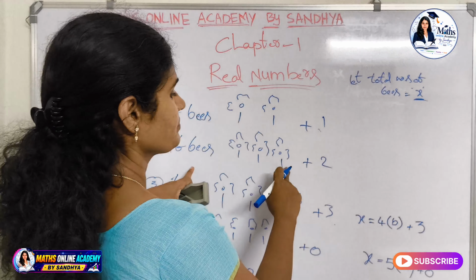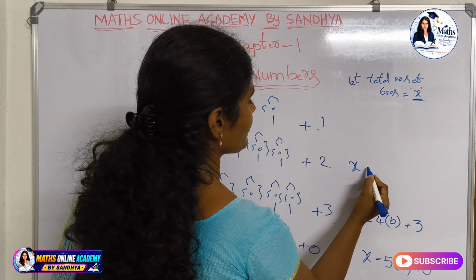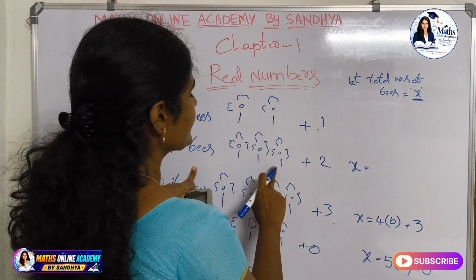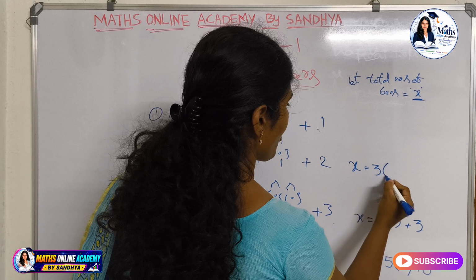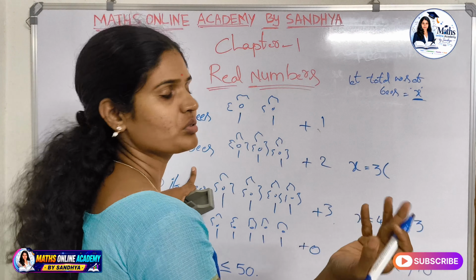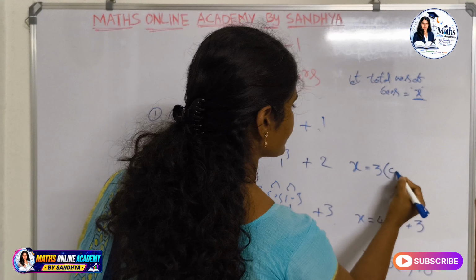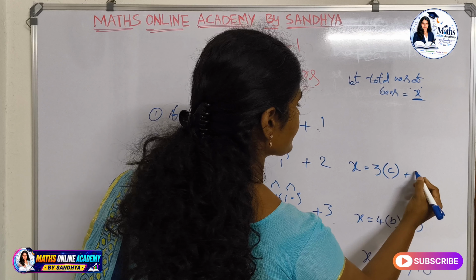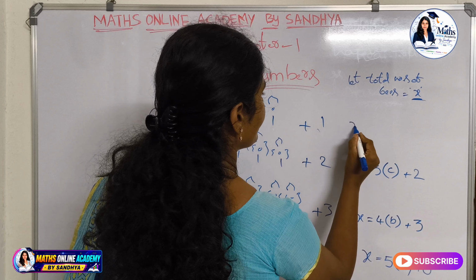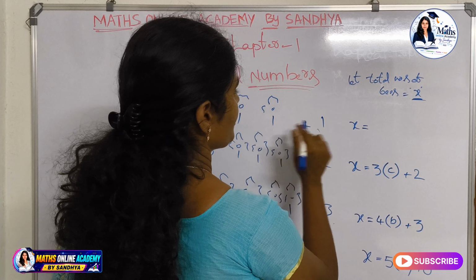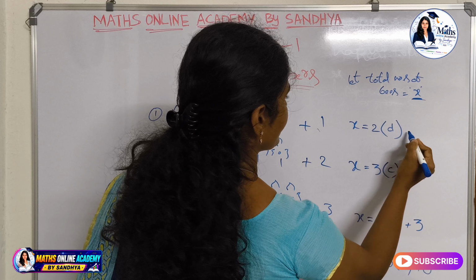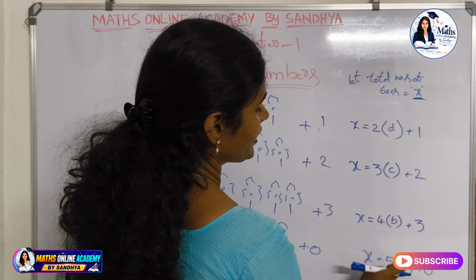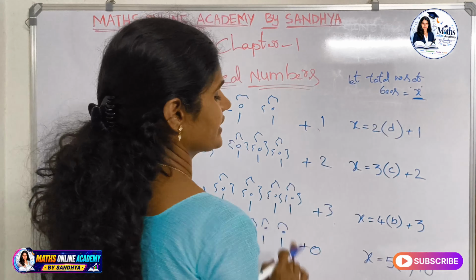In this condition, same, X equal to, the divisor is 3, 3 into C, we don't know how many, plus remainder 2. And here also same, 2D plus 1. Here we don't know A, B, C, D.